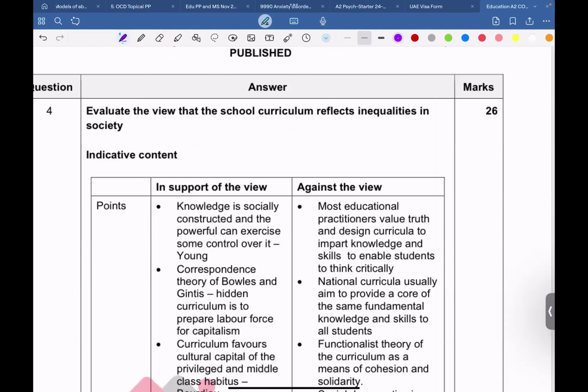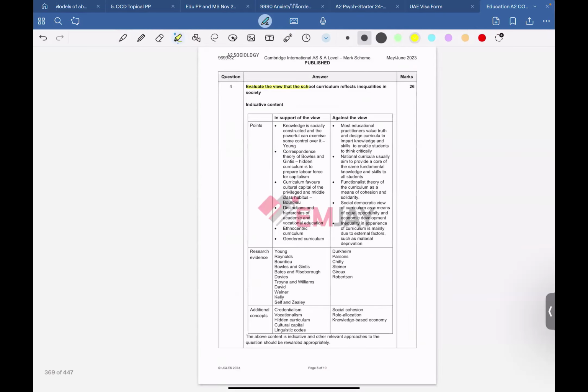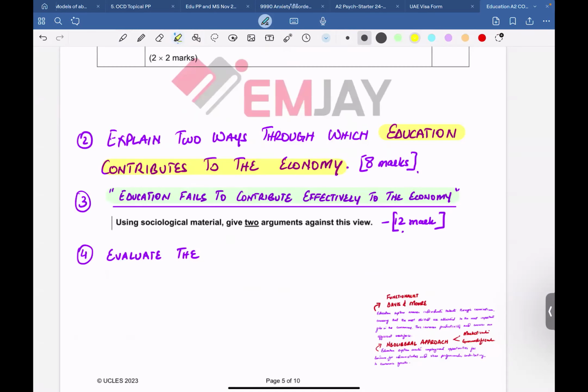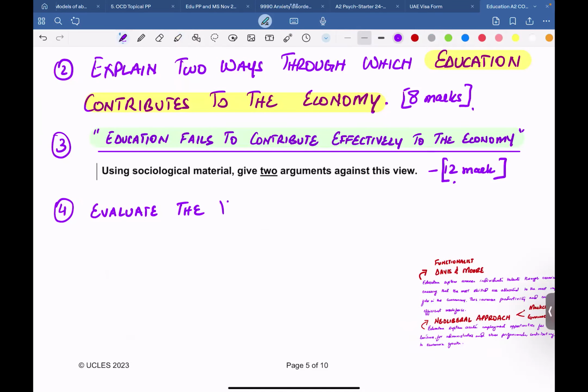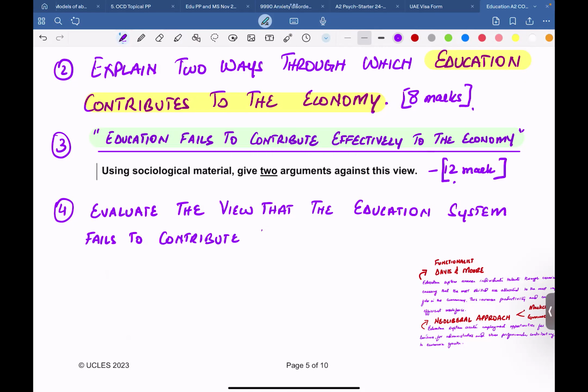It starts like this: evaluate the view that the education system fails to contribute effectively to the economy. Now, the very same thing has been turned into a 26 mark question.